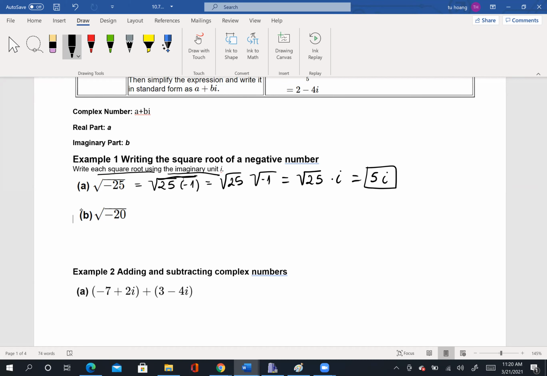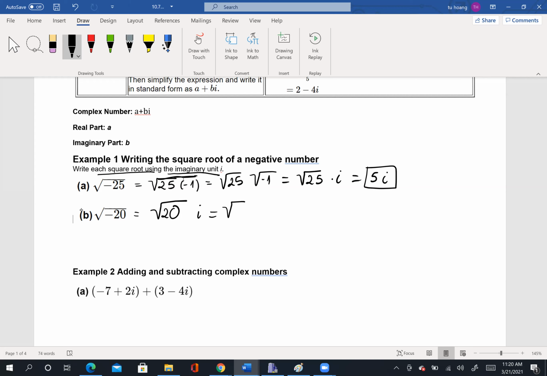Okay, so what about the square root of negative 20? I can rewrite it as the square root of 20 times i. I just want to make it shorter, because you know that the square root of negative 1 becomes i. Now how can I simplify? The square root of 20 can be rewritten as the square root of 4 times the square root of 5.